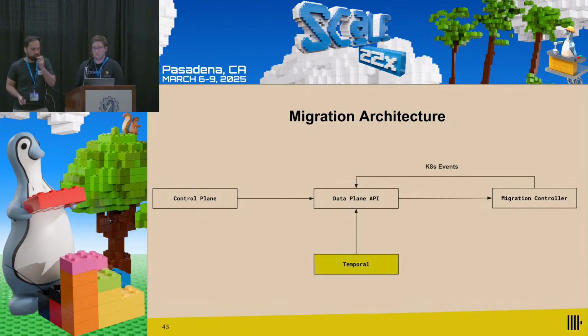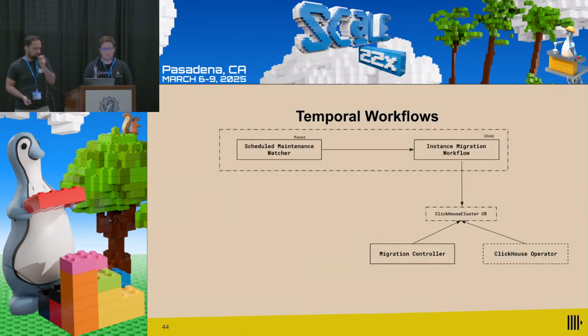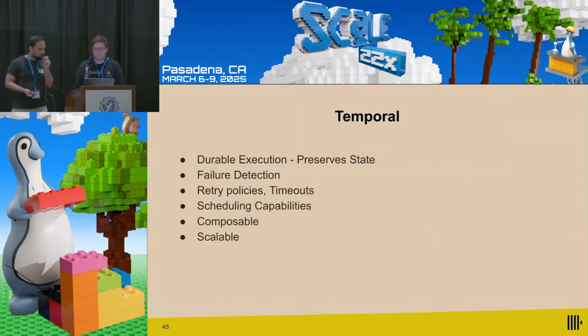So let's talk about Temporal first. This is the better slide to introduce Temporal. It's something called a durable execution framework. So think of it like a job engine or a workflow engine, only the state is durable in the sense that you don't need to do any database operations.